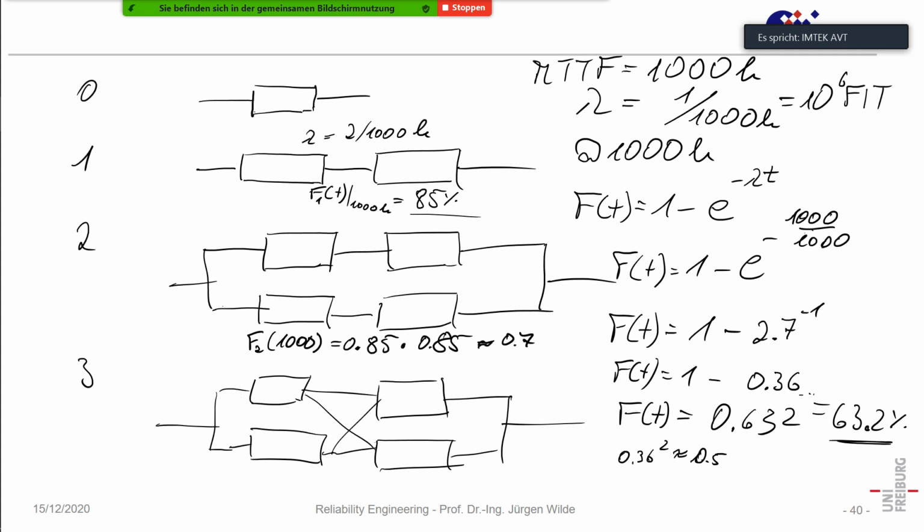And now the question is, how can we find out the redundancy of such a system here? And in that way, we could go 3 actions. First of all, we can say, yeah, let's try it that way.